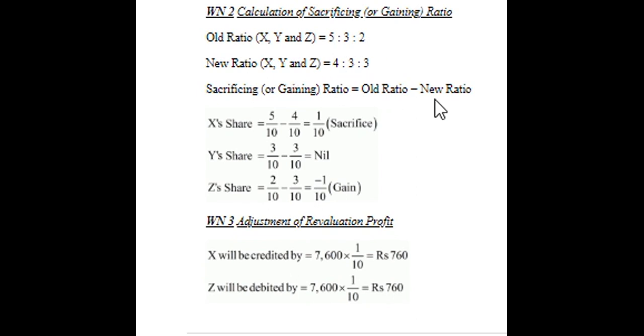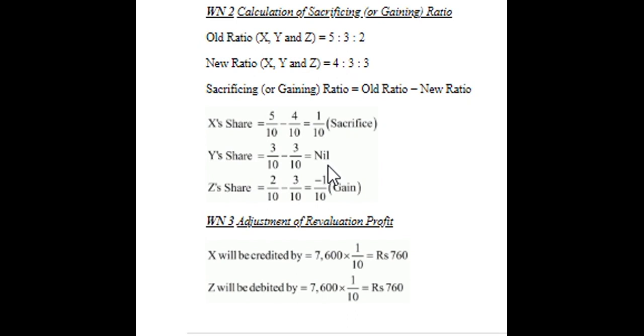Sacrificing or gaining ratio is old minus new. If it is a positive figure, it is sacrifice, and if it is a negative figure, it is a gain. So X's share is 5/10 minus 4/10, so it is 1/10 sacrifice for X. For Y, it is 3/10 minus 3/10. There is no sacrifice, no gain, nil.